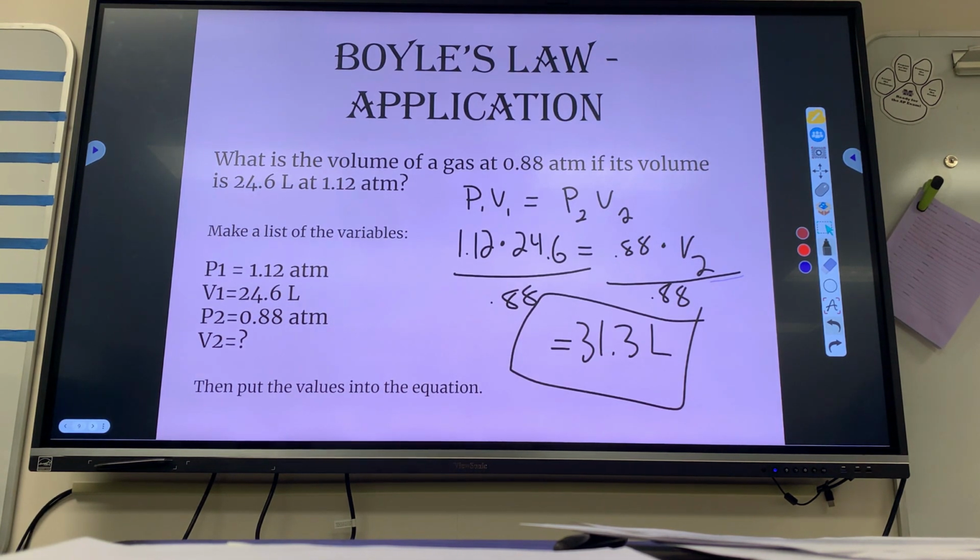And again, Boyle's law is just a small subset of that combined law. We're going to talk about Charles tomorrow, Gay-Lussac on Friday, maybe? The combined law is just 3 different rules combined, and we're going to talk about all 3.